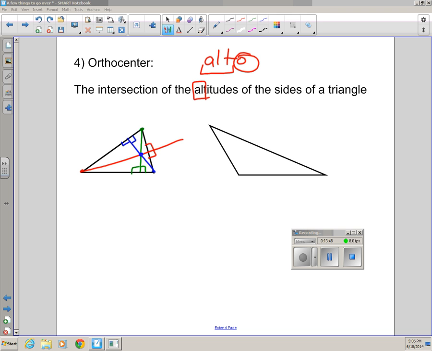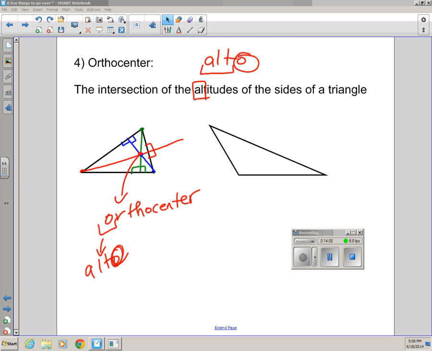This point is called the orthocenter. Ortho is a Greek prefix meaning perpendicular. Not that you need to know that so much, but again, alto, that's your orthocenter. All right, that happens in an acute triangle.